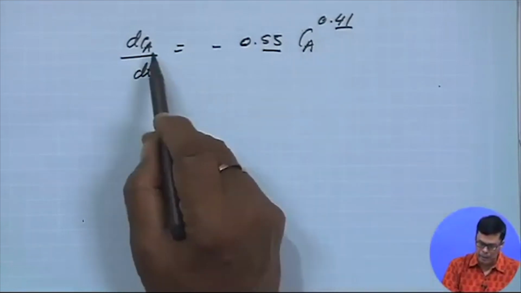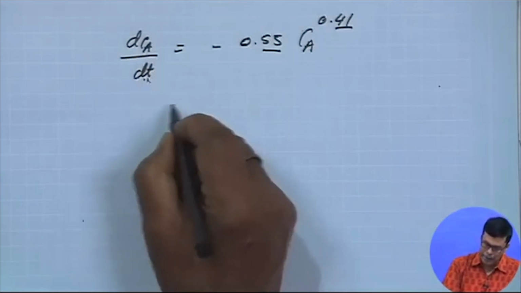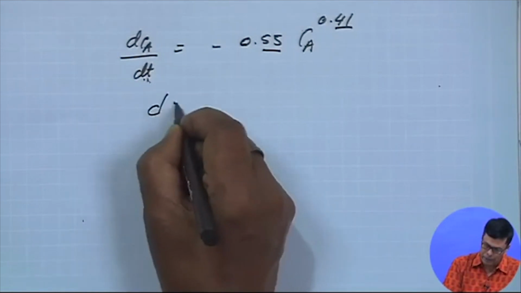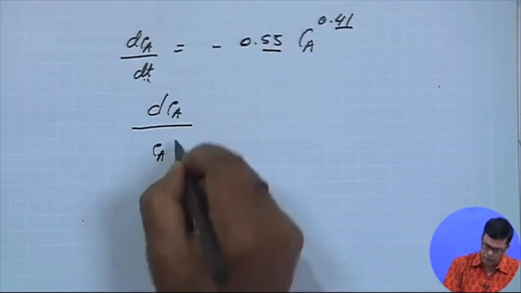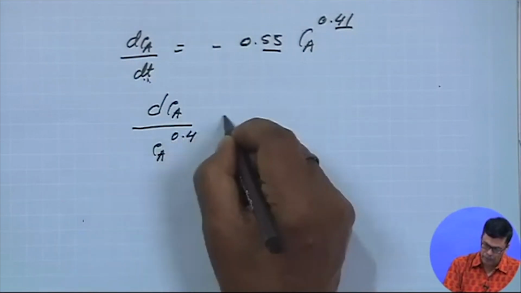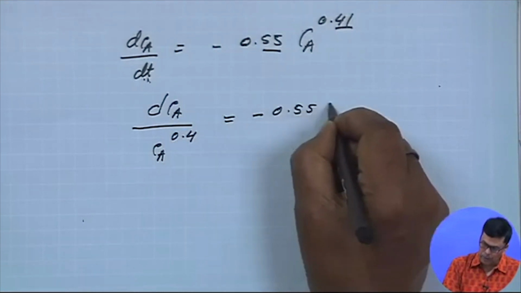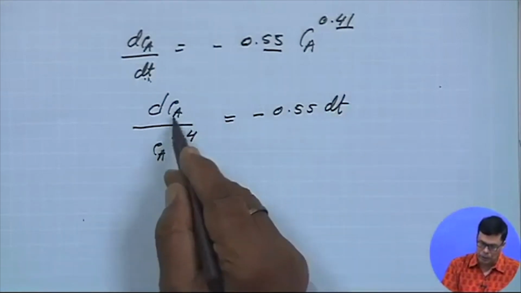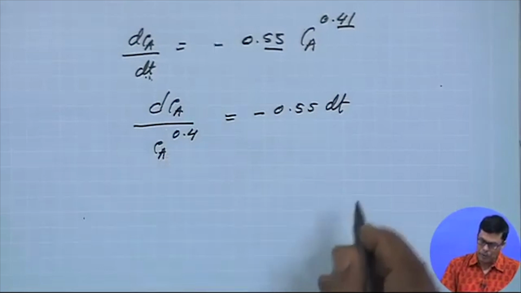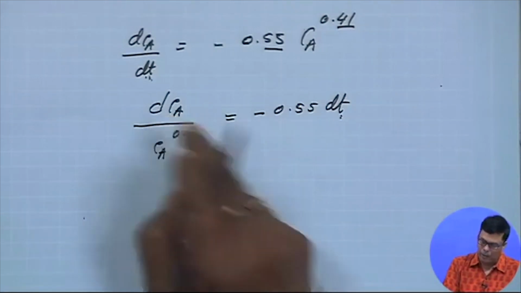Now here this is the correlation between Ca and t. So how can I write this equation? dCA by Ca to the power 0.41 is equal to minus 0.55 into dt. So we can easily find out the correlation between Ca and t. Now we can put the value at different times and find out the value of Ca.